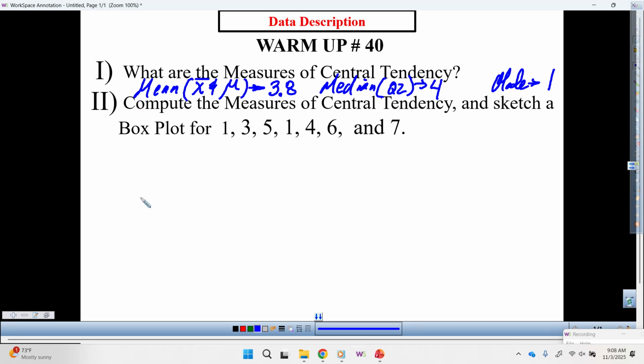1 is correct. So we need a minimum, which is 1, and a maximum, which is 7. So now we just need Q1, Q2, Q3. Q2, we know it's the median, so that's 4. So you know what you got for Q1 and Q3. All right, good conversation. Enrique, Q1 and Q3.